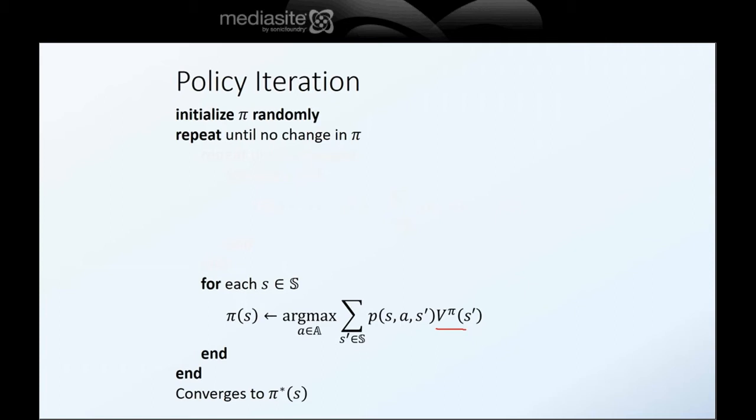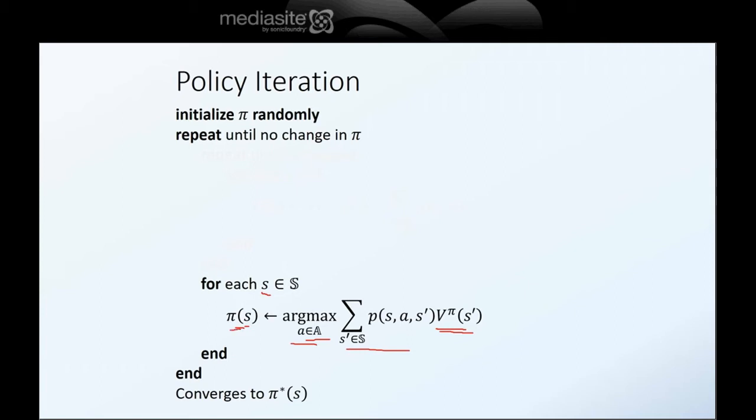So the first step converges to V pi of S, where pi is the policy. So once we have completed policy evaluation, then in this step, what we are doing is we are extracting the best action for each state S. So we iterate through each state S, and then using the values that we obtained, which is V pi of S, we now improve pi.